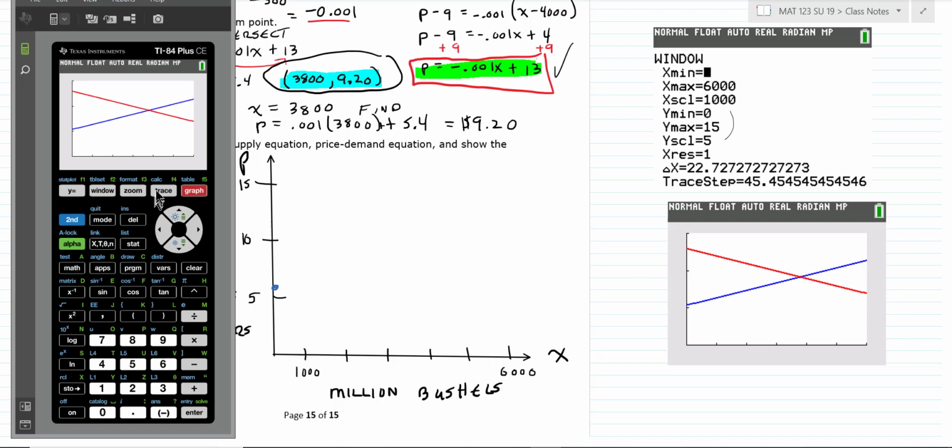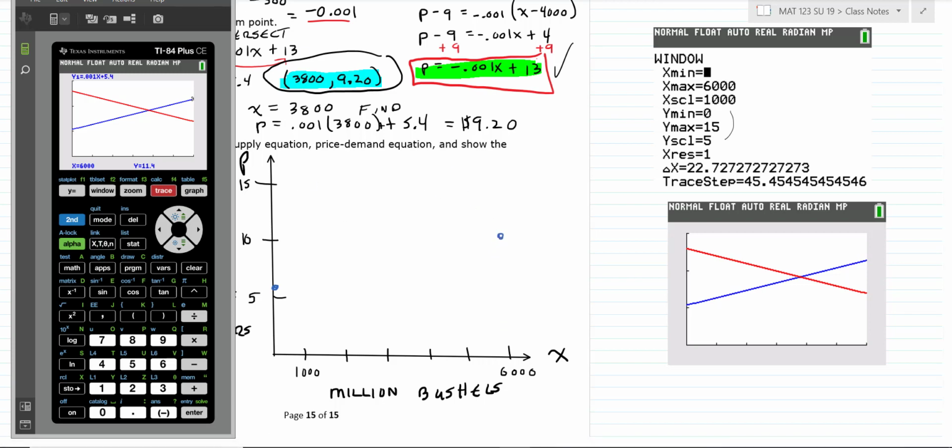Okay, so anyway, what I'm going to do is trace. See, I'm on the blue line. So trace at 6,000. All right. And that gives me a point of 11.4, see. So what that means is I'm going to, on my graph, go over to 6,000 and then just estimate up about 11.4.